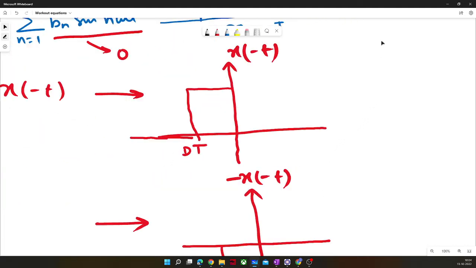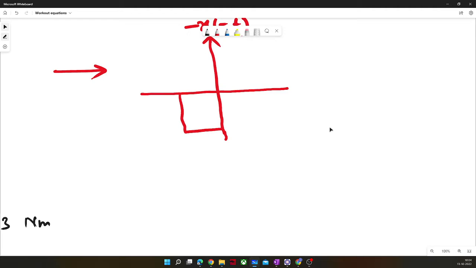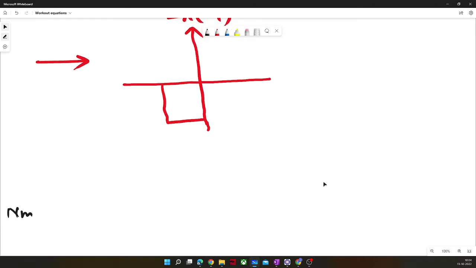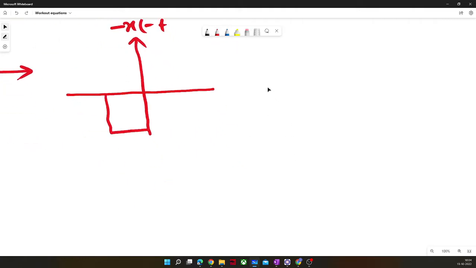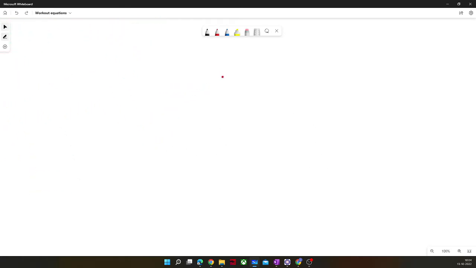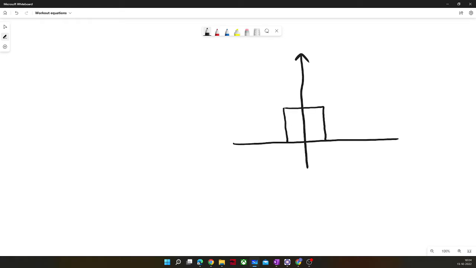So I will do that, and I will generalize each and every waveform with an even function, right? Now it seems to be an even function, I guess.